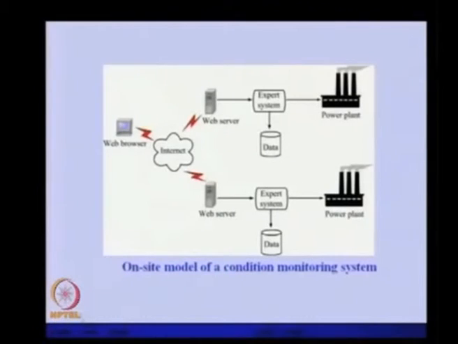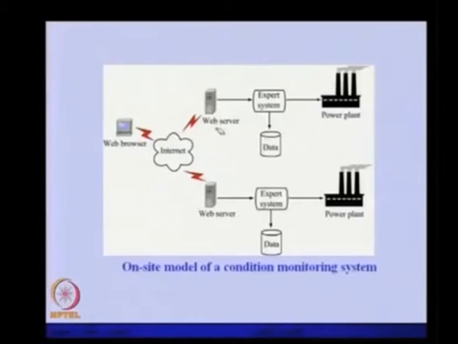This is a typical on-site model of a condition monitoring system in which there are power plants at different locations. We are extracting various kinds of data and storing them at one place, and there is an expert system based on the database of the history of the plant. This database and the online data coming to the system through the net can go to various web servers, and from there experts can view this and see the condition of the machine.